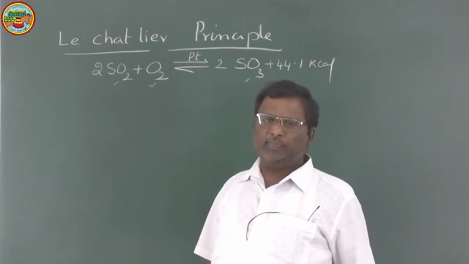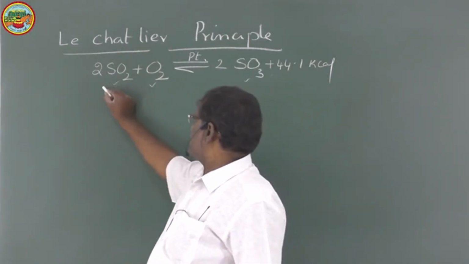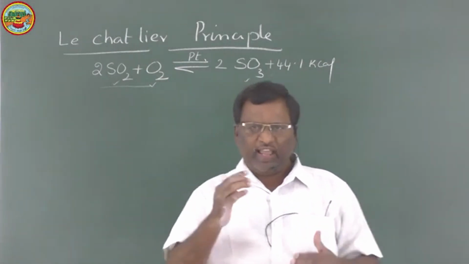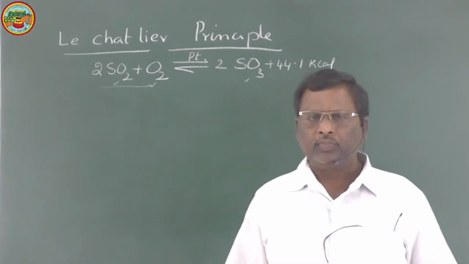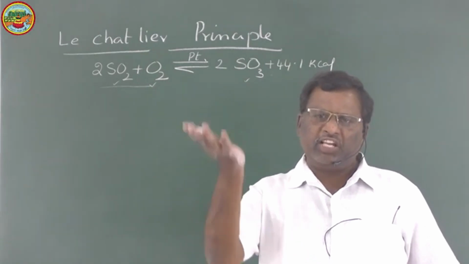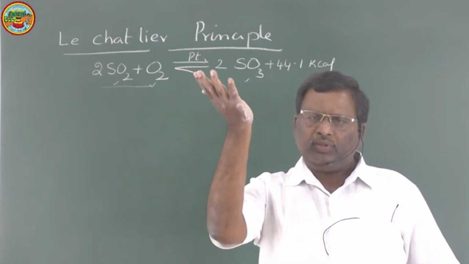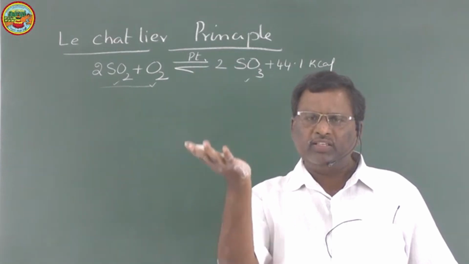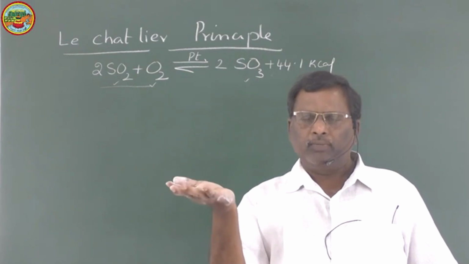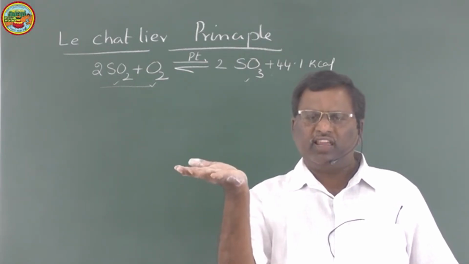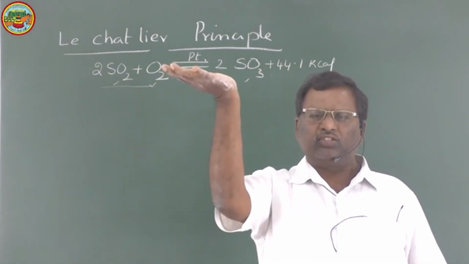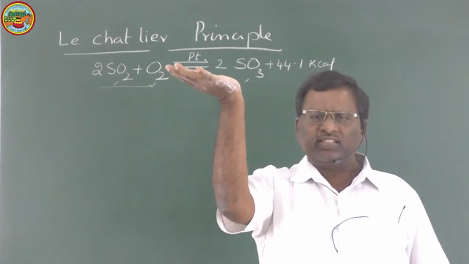When the reaction is in equilibrium, if we increase the concentrations of SO2 and O2, that is, the reactants, according to Le Chatelier's principle, the system will adjust itself to minimize the change or bring it to the former state. So now the reaction is in equilibrium. After equilibrium, we increase the concentration of SO2 and O2. Now what does the system have to do?